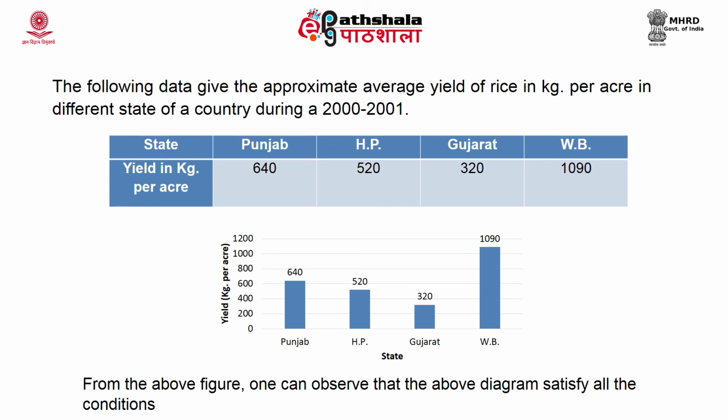So in Punjab we have the figure 640, in Himachal Pradesh 520, Gujarat 320, and West Bengal 1090. From the figure one can observe that the diagram satisfies all the conditions, as the bars are of the same width in each state, one can easily see which bar represents which state, and the footnotes and title add importance for understanding.